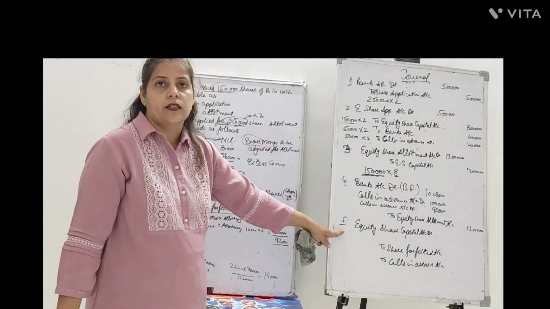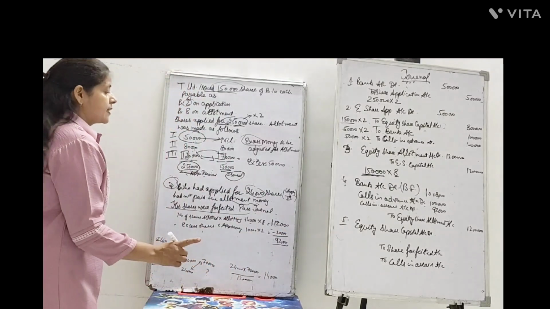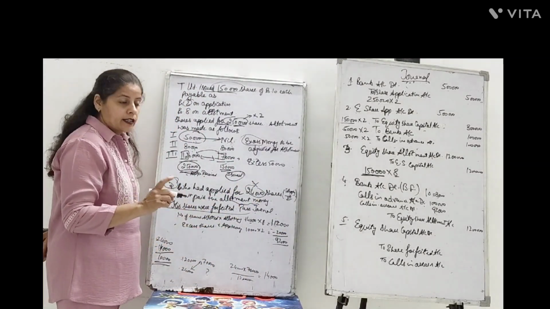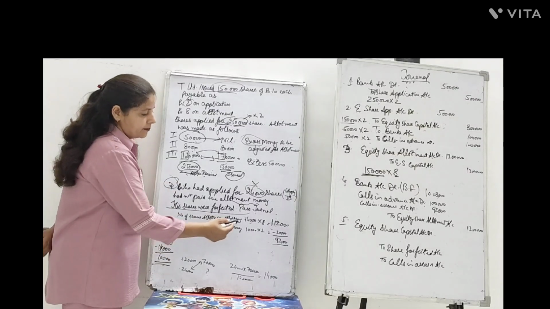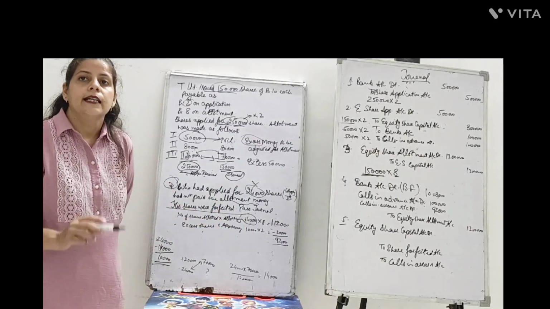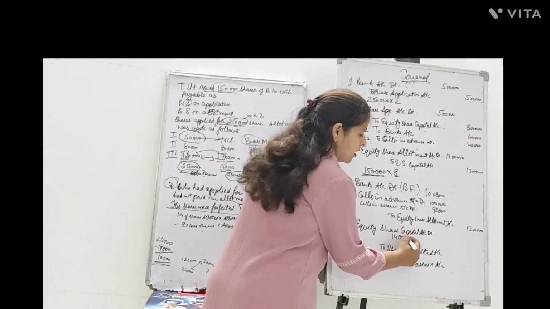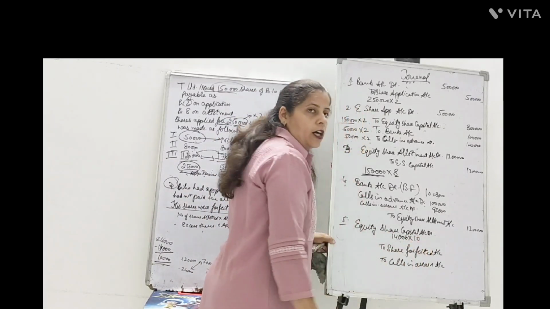How many were these shares which were forfeited? You will see not the applied, you will see which shares were allotted. How many were allotted to him? They were 14,000. Actually the company gave him 14,000 shares which were fully called.